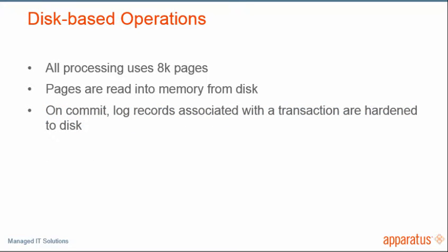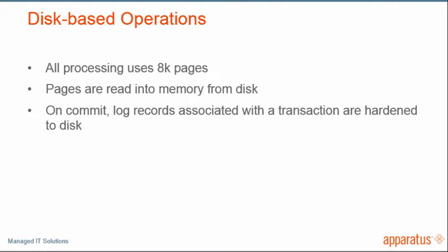So in the current world in SQL Server, all database operations access data using 8K pages, which are resident on disk. Anytime SQL Server needs to do anything with data on one of those 8K pages, it needs to be read into memory. And it's processed in memory, and then it will be written back out to disk at some point.